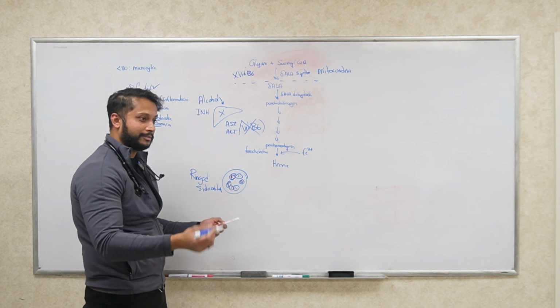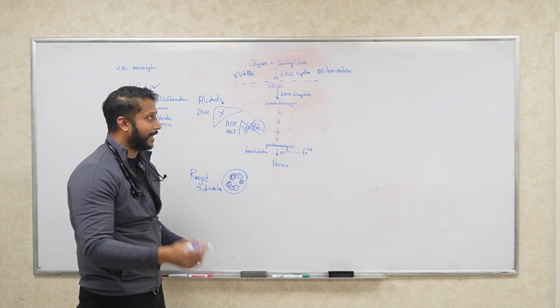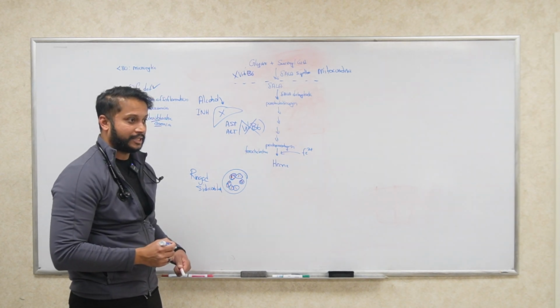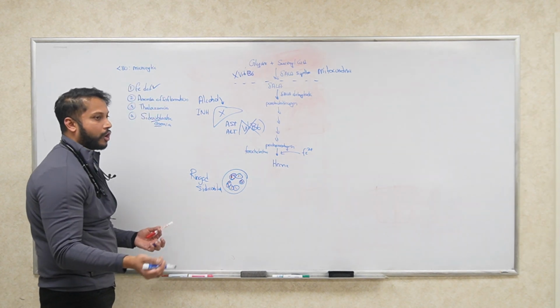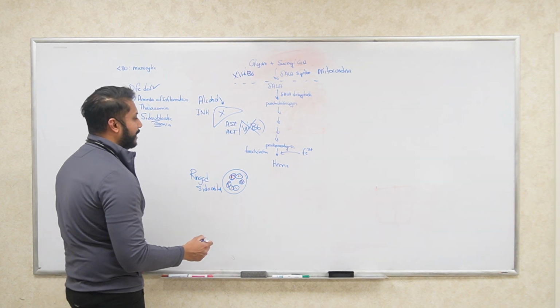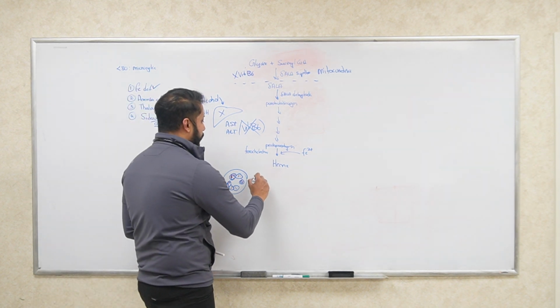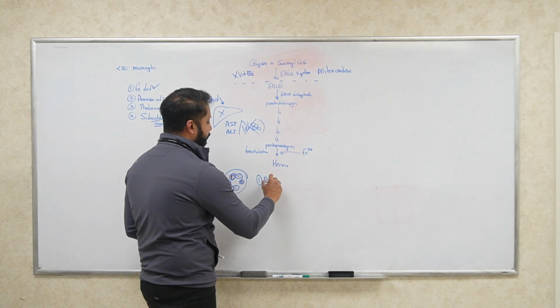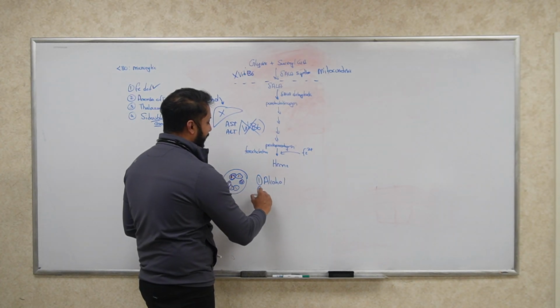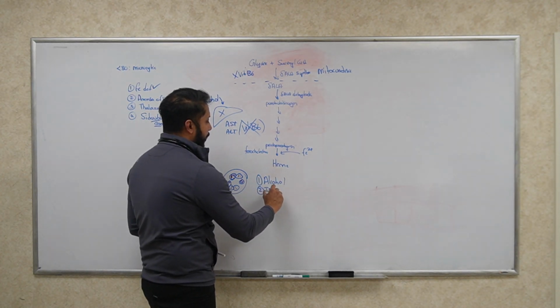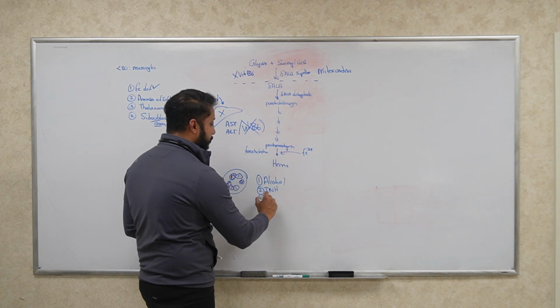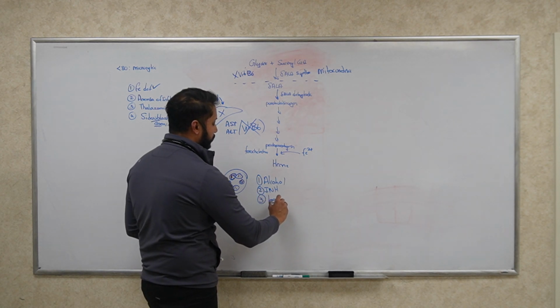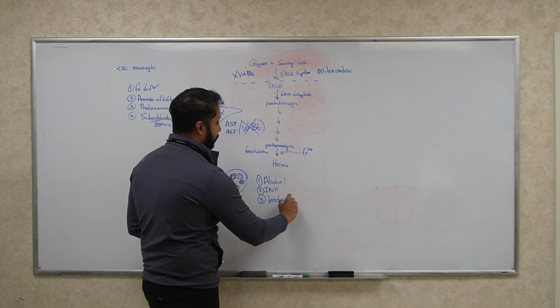And as a result, B6 will get used up and you will end up with sideroblastic anemia. So one of the most common causes is going to be alcohol. I'm going to put number 1 as alcohol. Number 2 is INH. And number 3 is lead poisoning, because it's not very common anymore, right?